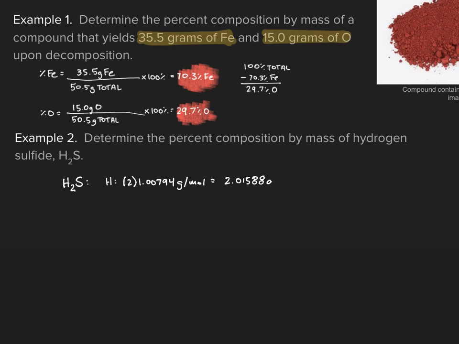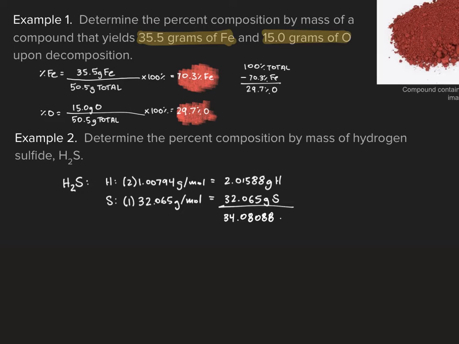And next, let's have a look at sulfur. Sulfur, there's 1 mole of sulfur atoms in 1 mole of hydrogen sulfide, and that would give me a mass of 32.065 grams of sulfur in that compound. Adding those together would give me a mass per mole of 34.08088 grams per mole.